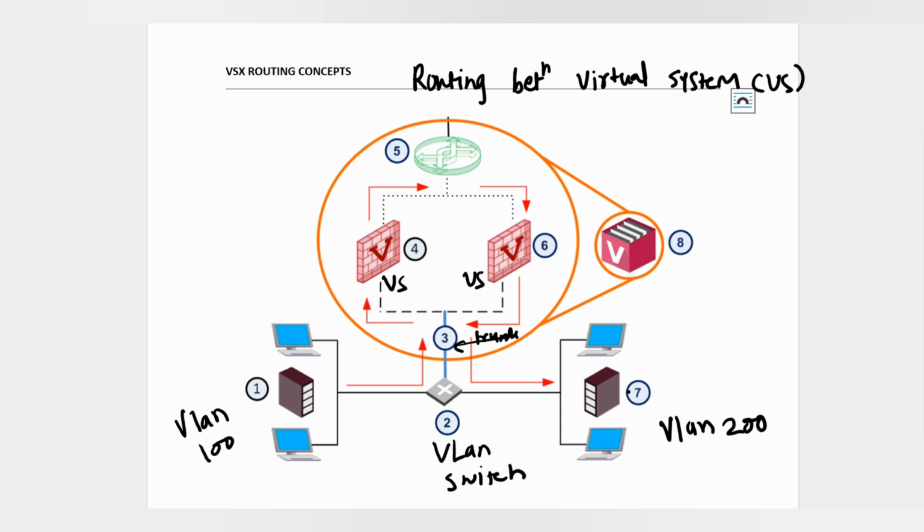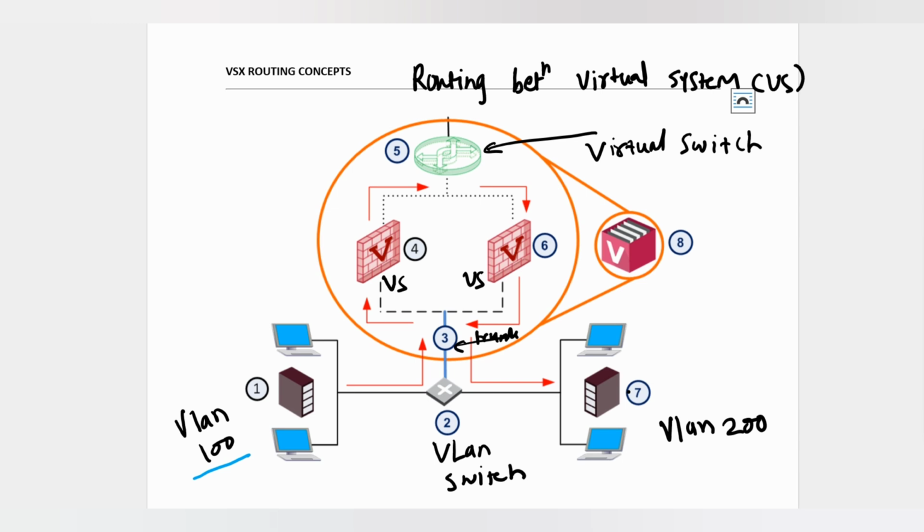And number 5 is your virtual switch. So if you have a setup like this, how does the routing happen between them? Let's understand that.